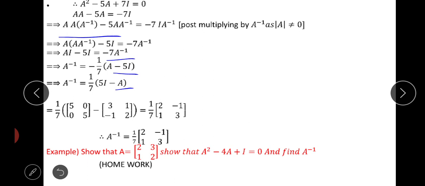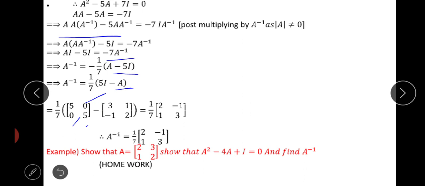Then substitute the values of A and the identity matrix. Keep 1 by 7 as it is. 5 into the identity matrix: 5 ones are 5, 5 into 0 is 0, 5 into 0 is 0, 5 into 1 is 5, minus the matrix A, which is 3 1 minus 1 2.